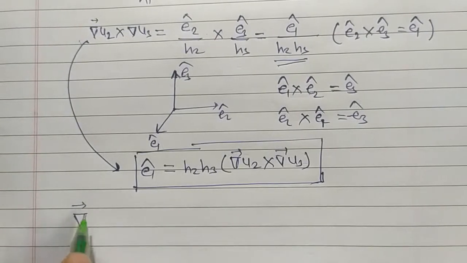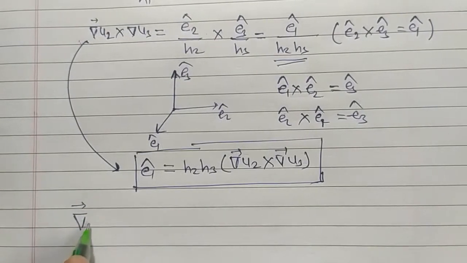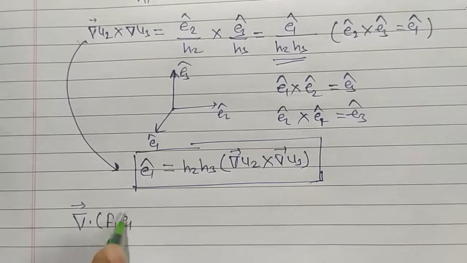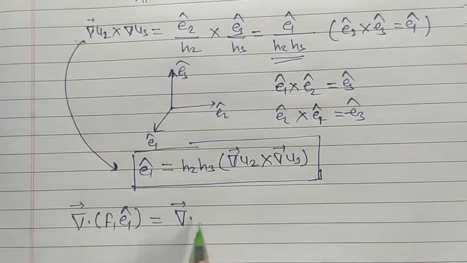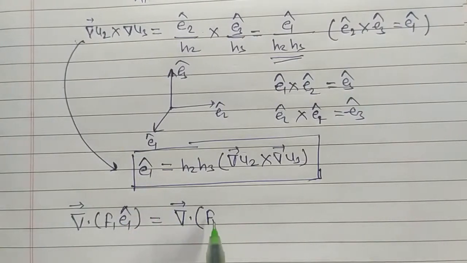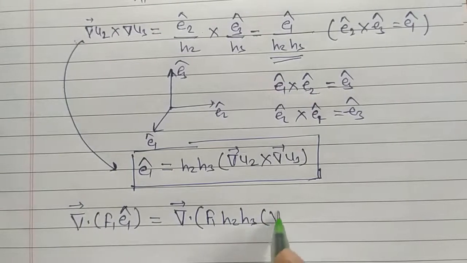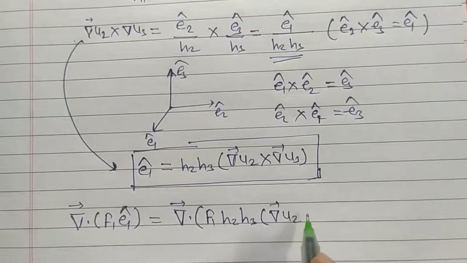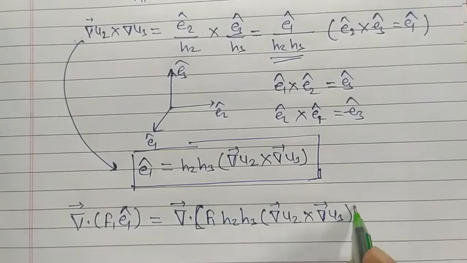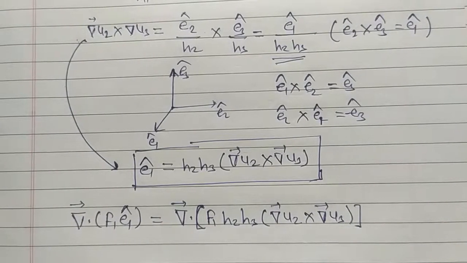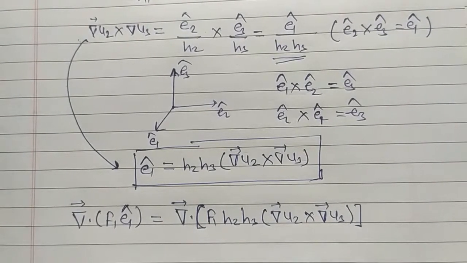I can write it like this: del bar dot f1 e1 cap is equal to del bar dot f1 as it is, then e1 cap from here, so it will be h2 h3 del bar of u2 cross del bar u3. I will use a square bracket over here. So something like this we will get.